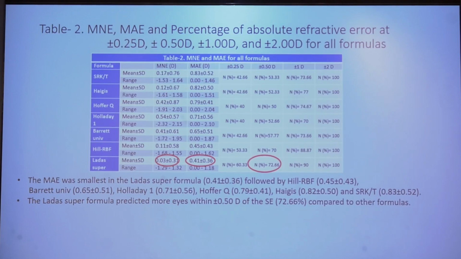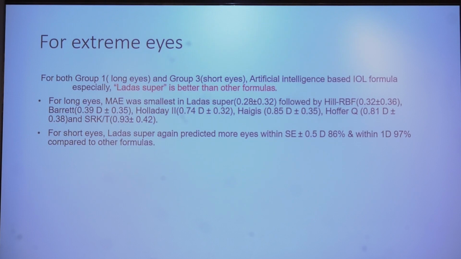Ladda's super formula predicted more eyes within 0.5 diopter of spherical equivalent compared with the other formulas. For extreme eyes, again, Ladda's super formula and other artificial intelligence based formulas are far better because the mean arithmetic error is less than other regression formulas.